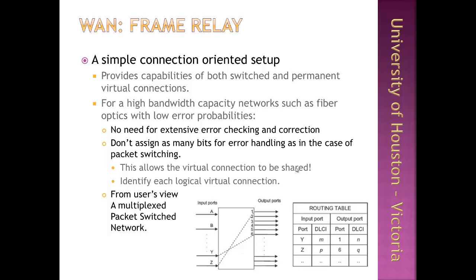When you look at this frame relay example here, you have input ports A through Z, and when the packets come in, the ports are mapped onto different output ports. So when you're getting your input packets, they go through the ports and are multiplexed out of the output ports.